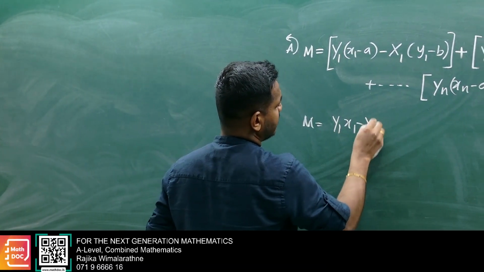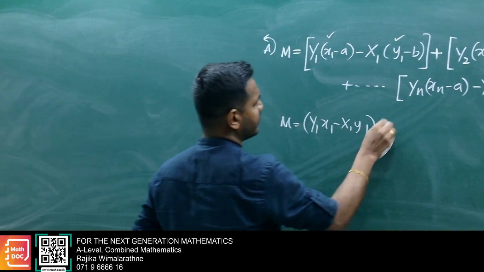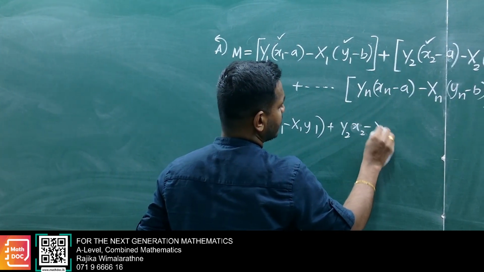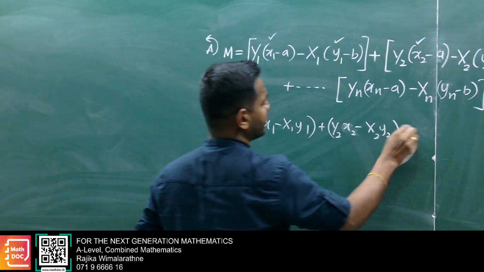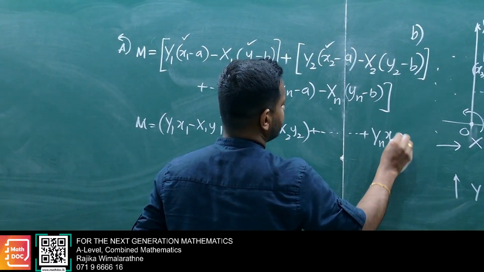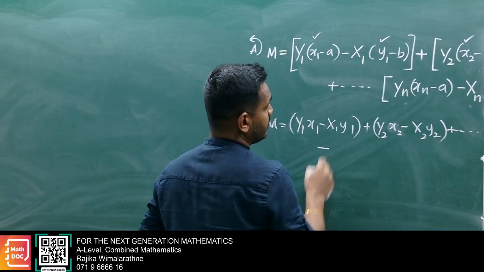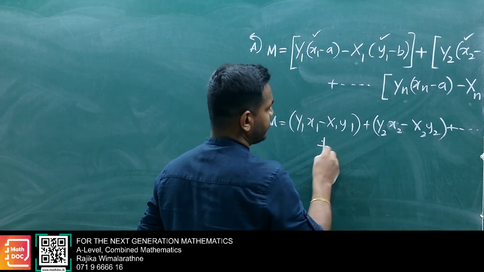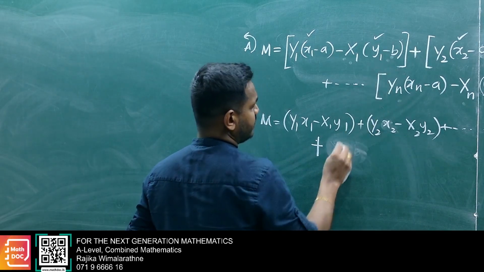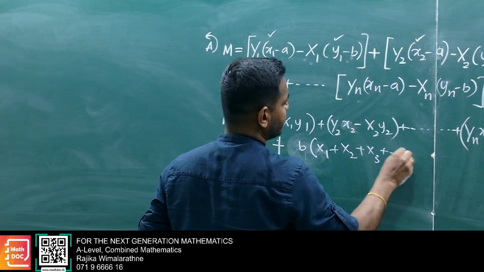Take Y1 x1 minus X1 y1, take these two; Y2 x2, X2 y2; Yn xn, Xn yn; then minus a times the sum of Y1, Y2, Yn, plus b times the sum of X1, X2, X3, Xn.